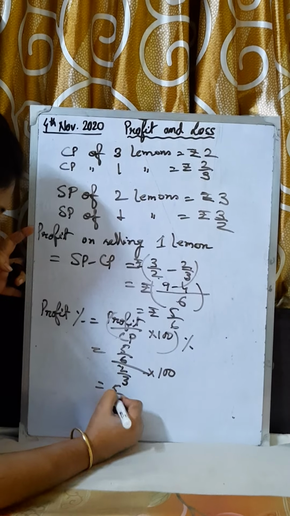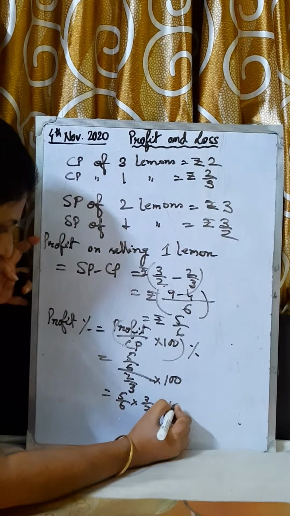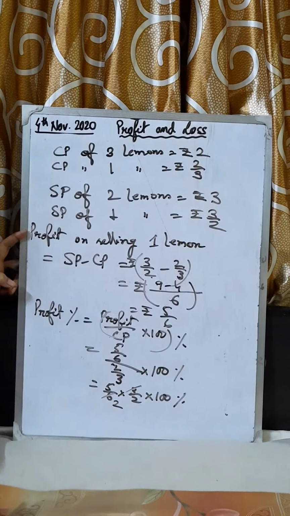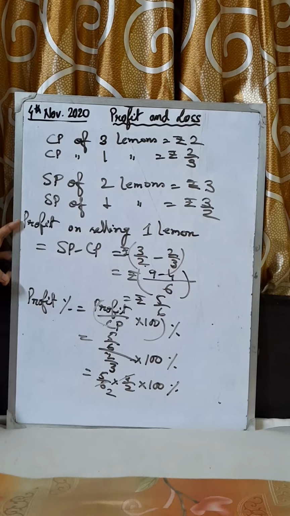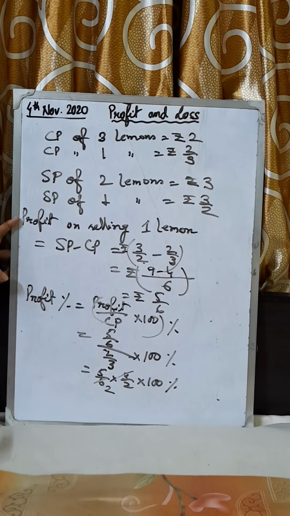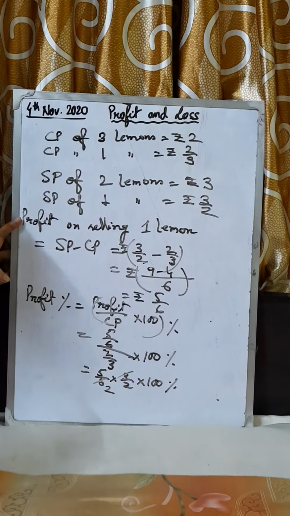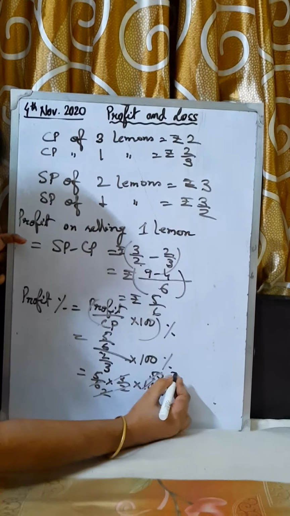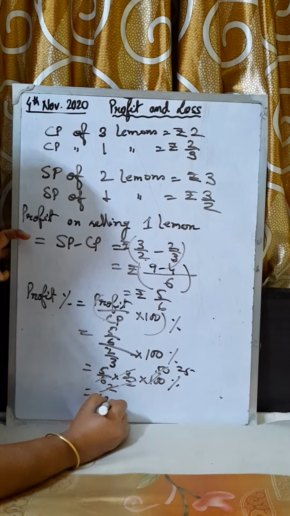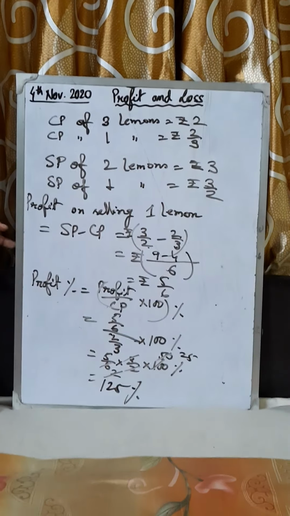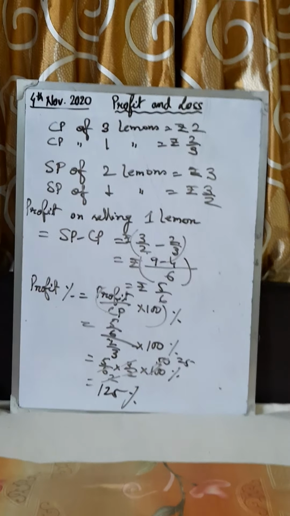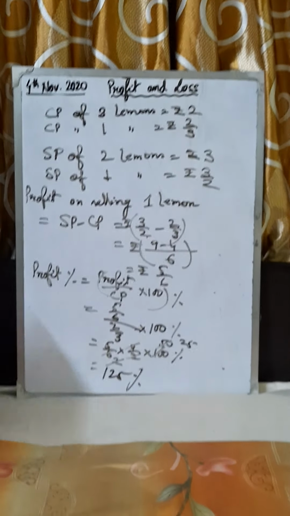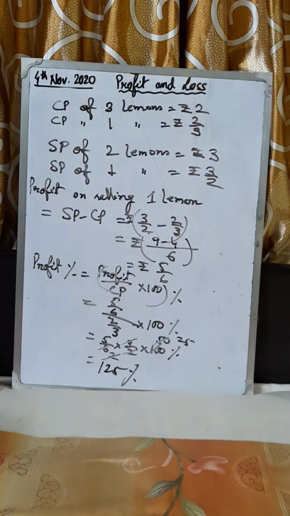Now 5/6 into 3/2 into 100%. Now calculate it. 3 2s are 6, 2 2s are 4, that gives 250, then cut it by 2, 25 5s are 125%. Right? So profit is 125%. In the next class we will discuss more example sums from this chapter. Thank you.